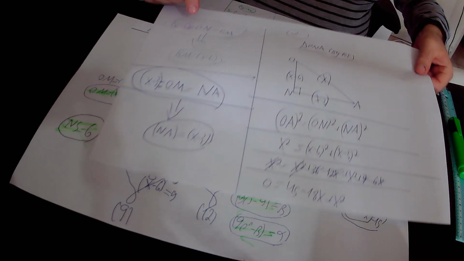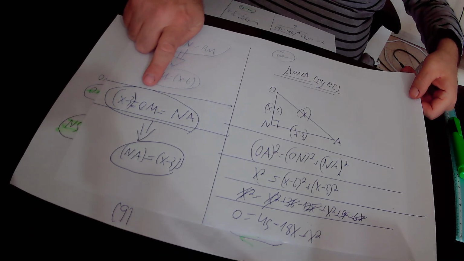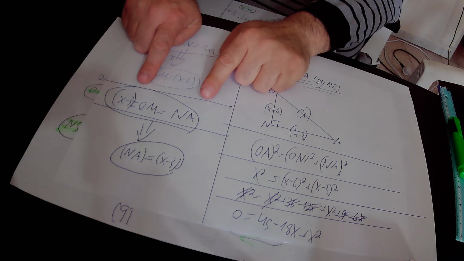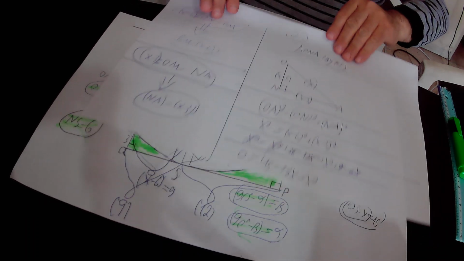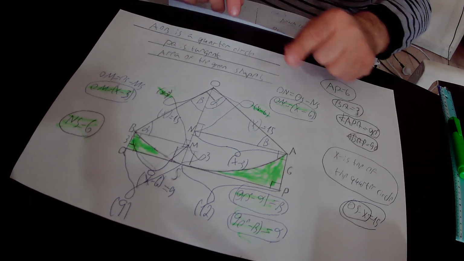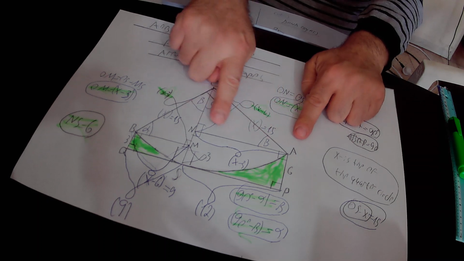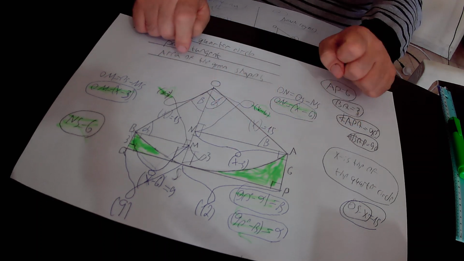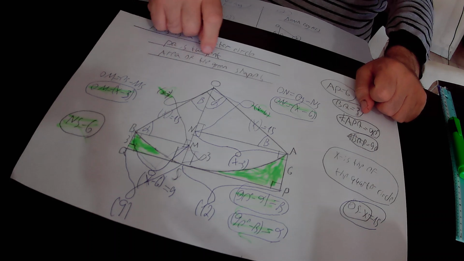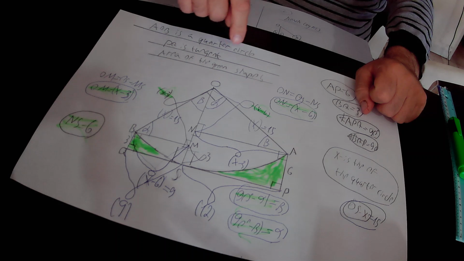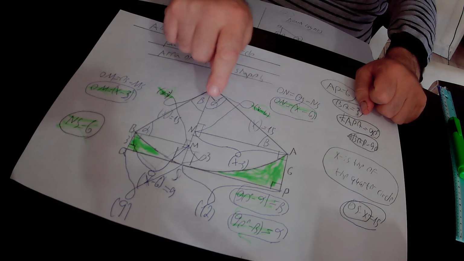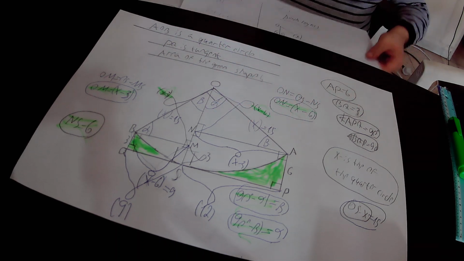So from the equation x minus 3 equals OM equals AN, we derive that AN also equals x minus 3. Here side AN equals x minus 3 units in length. In the next step, I copied the right triangle AON onto a new page and applied the Pythagorean theorem to this right triangle AON.